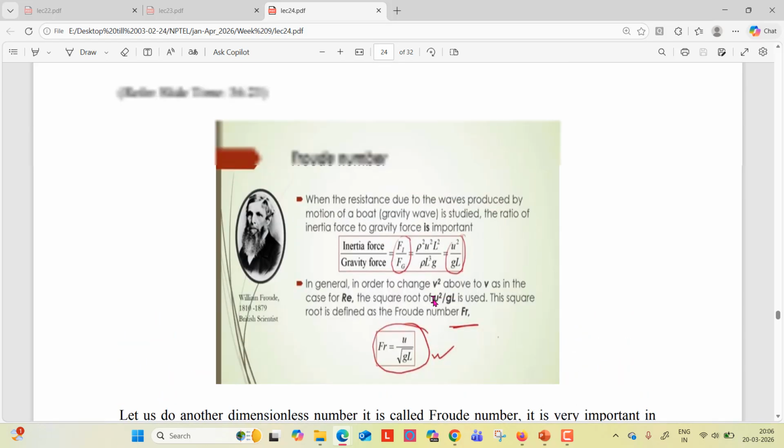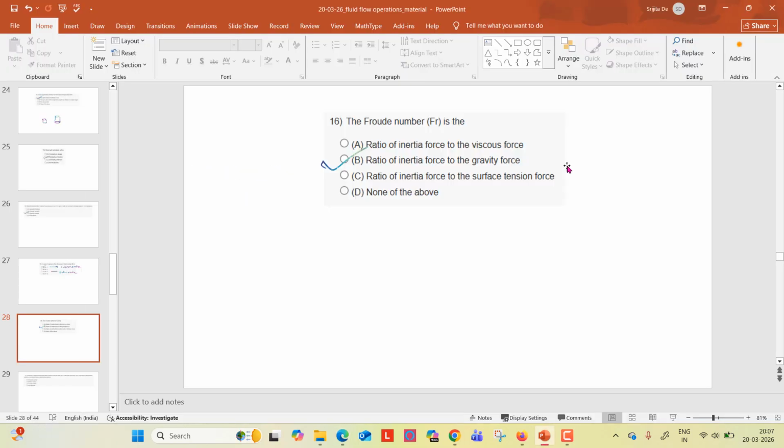The inertial force is rho u square L square, divided by rho L cube g, which is the gravity force. That means rho L cube is the mass, into g, the gravitational acceleration. So it is u square by gL. This is your Froude number: inertial force over gravity force, u square by gL.